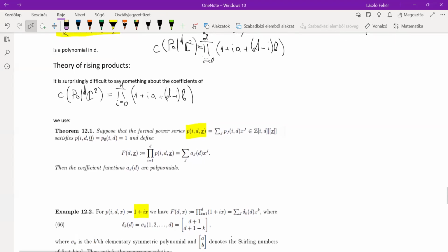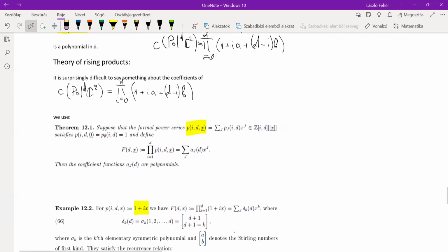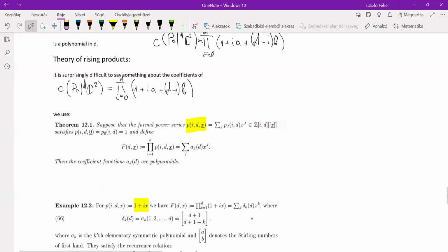So then the coefficients, there is only one x variable here. In general, you can have many x variables. Here you have only one, and it turns out that the coefficients are the Stirling numbers of the first kind.